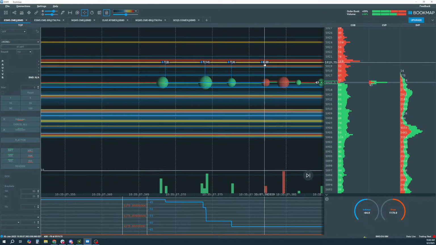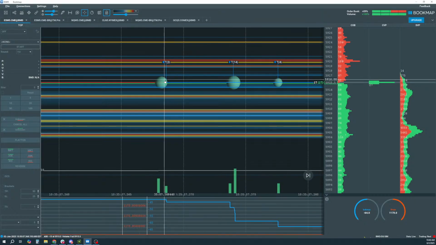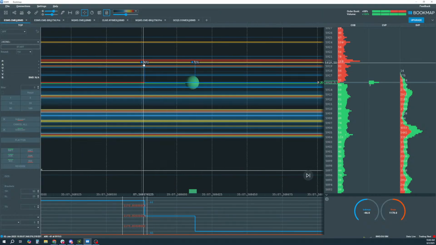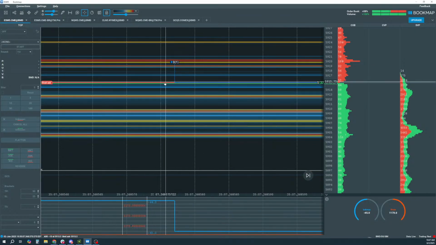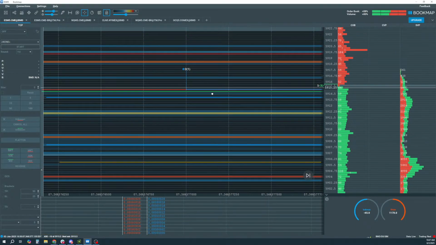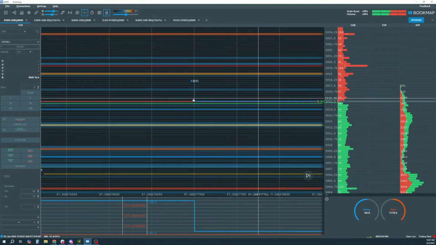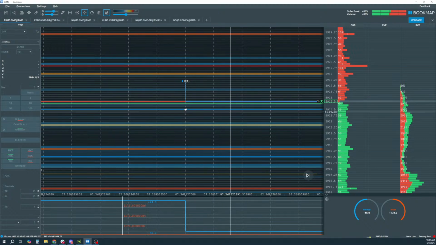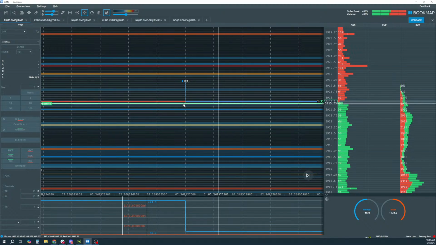Now these are native icebergs to the CME. Now if we zoom into this T in here, you'll see there's a D. This is when it was first detected. That's what the D stands for. And then here's a transaction. If we zoom in here, I think it's my volume settings, but we should see the transaction in here.